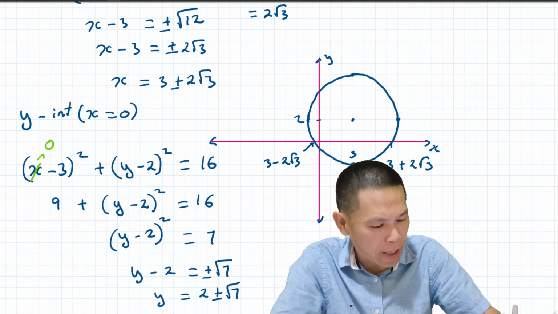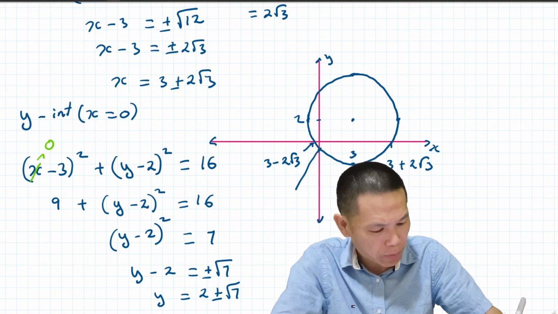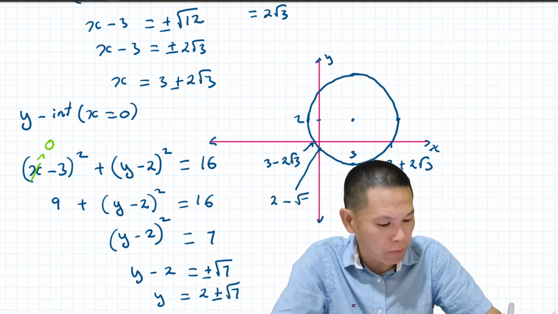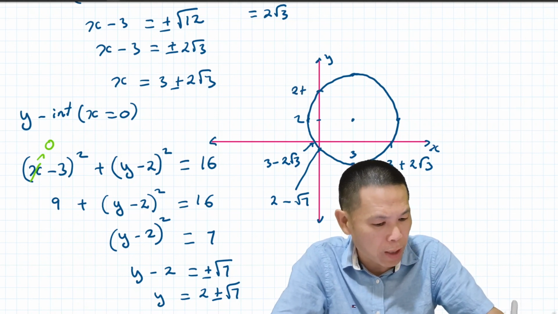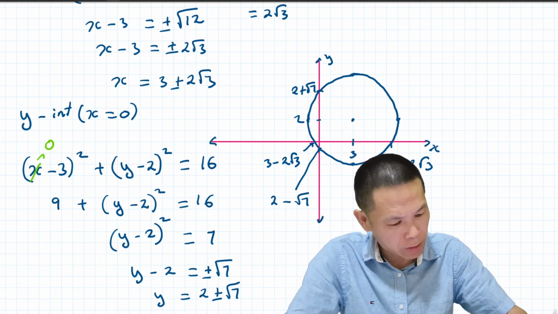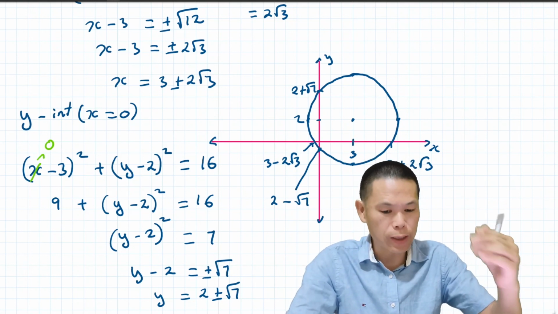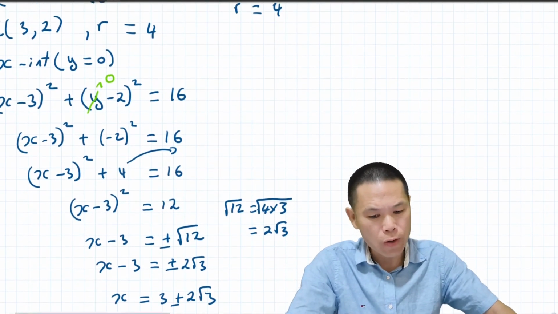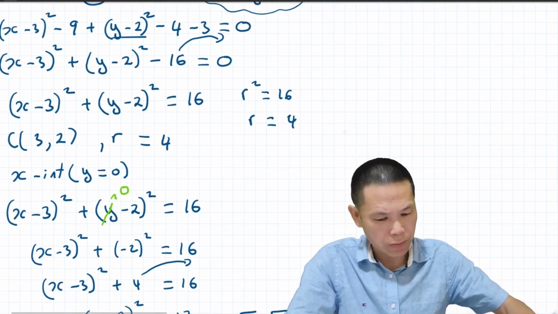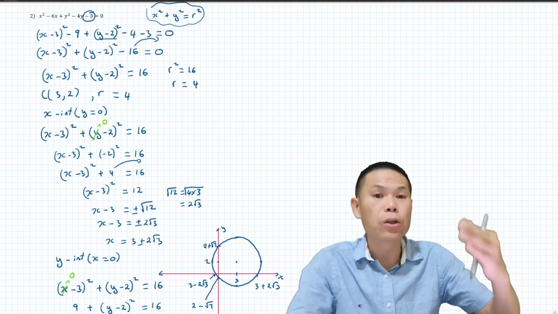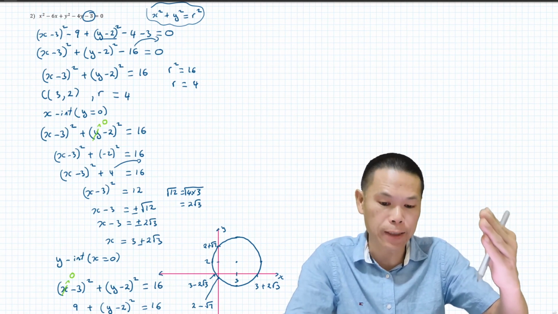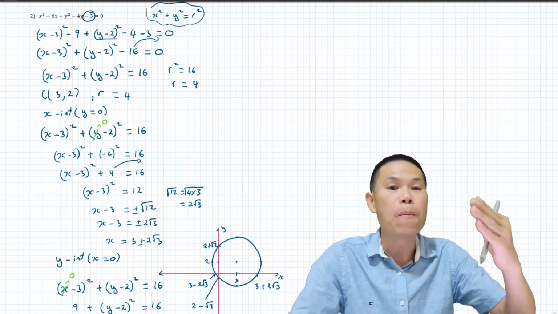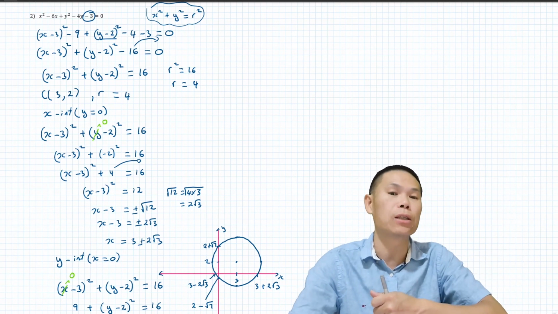For the y-axis, this one here is 2 minus the square root of 7, and this one here is 2 plus the square root of 7. And this is 3. So this is the circle for x squared minus 6x plus y squared minus 4y minus 3 is equal to 0.